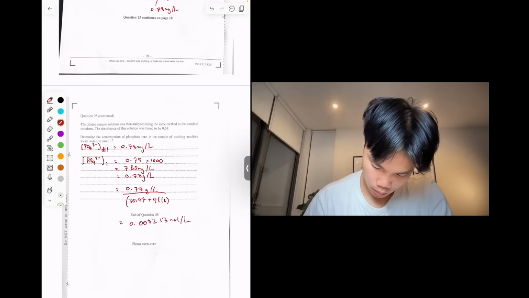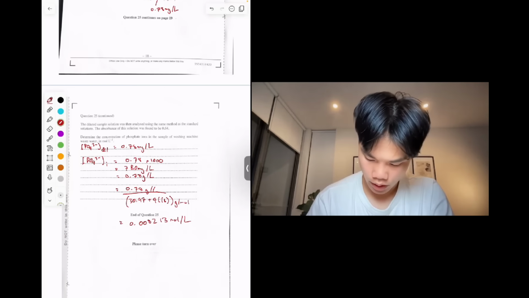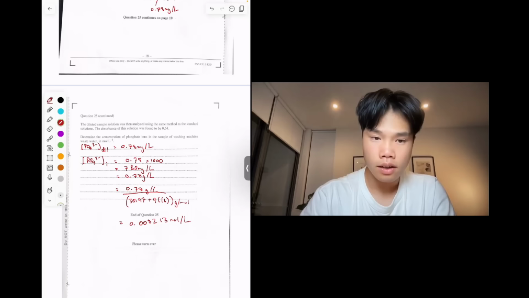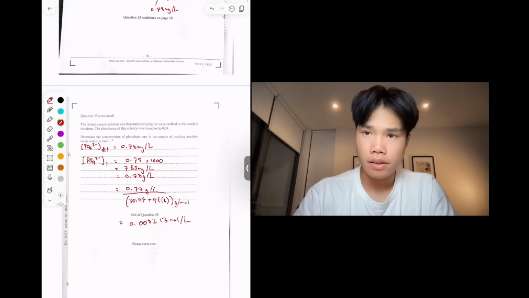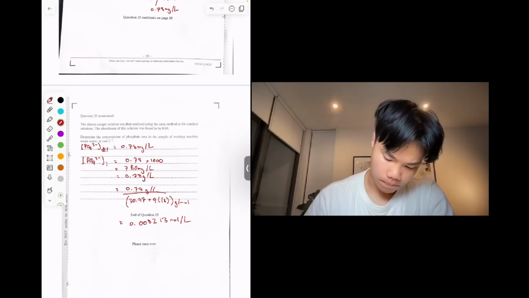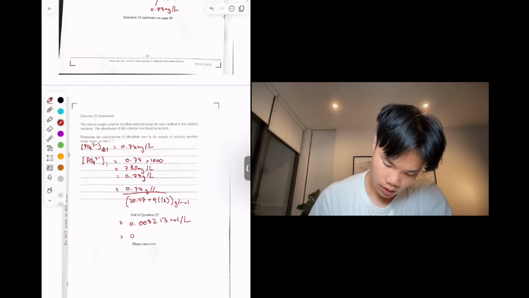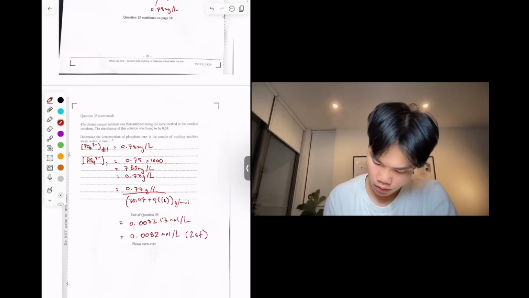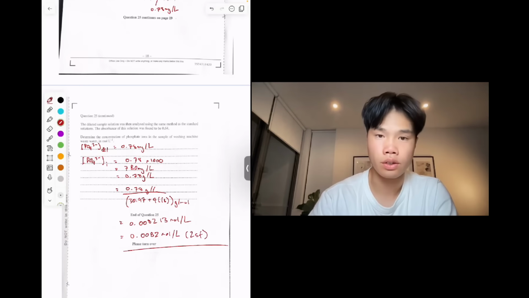And to be clear, this bottom section is in grams per mole, which is why it cancels these units. And just making sure. Yep. So checking sig figs, 0.0082 moles per liter to two significant figures should be your final answer on 25.